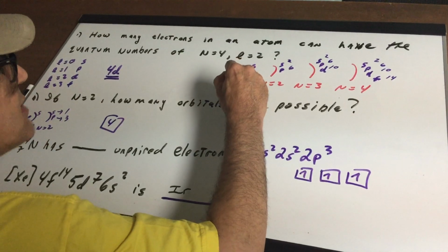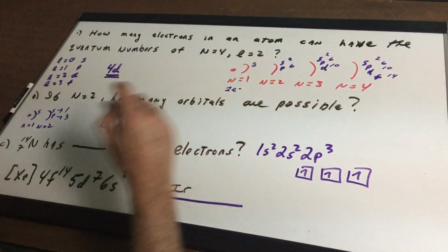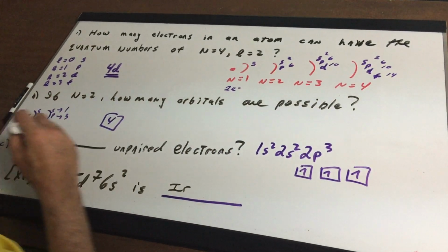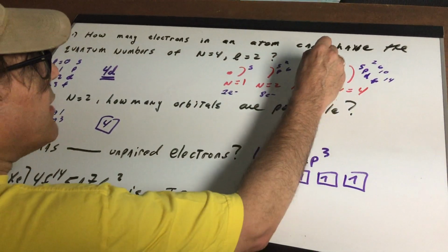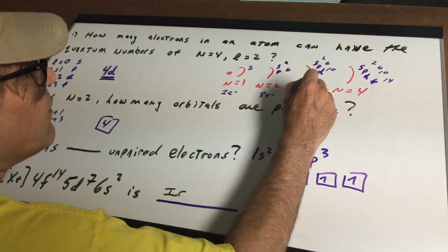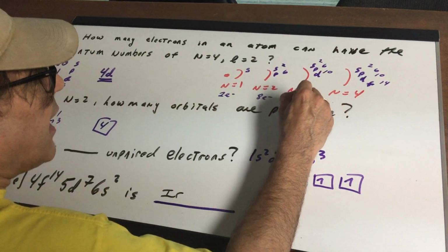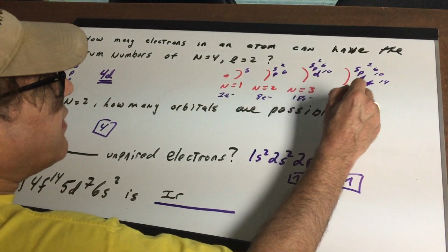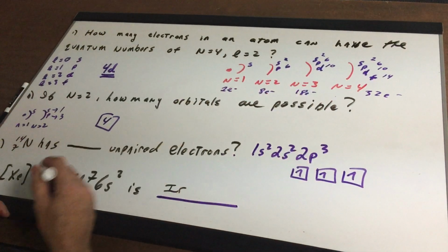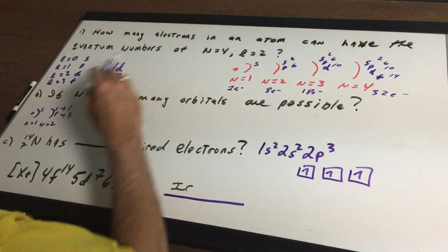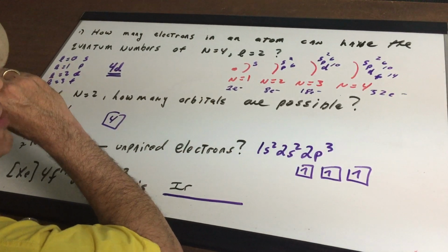So the maximum number of electrons in the first energy level would be 2. Here, 6 and 2 would be 8. And then 6 and 2 is 8, and if we add 10, we get 18. 2, 8, 18, and then when we add these up, we have 32 electrons. You should know that.